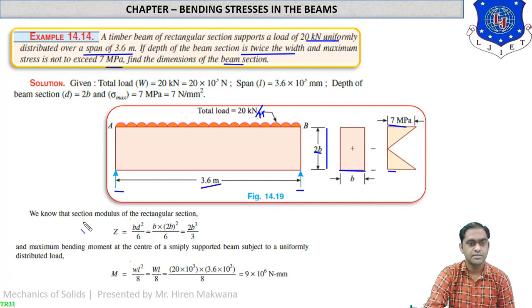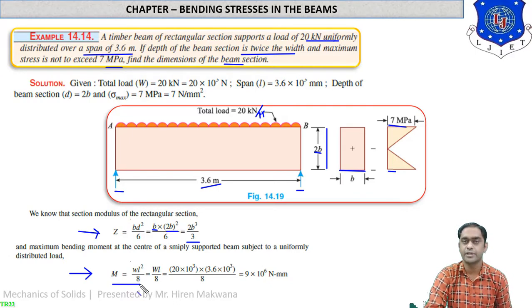So first step, Z. Z is our section modulus. For the rectangular section it is again BD square by 6, but this time B remains as it is and D is replaced by 2B, whole square, by 6. So simplification will give you 2B cubed by 3. Finally, bending moment M is equal to WL square by 8 because the beam is simply supported and subjected to UDL on the entire span.